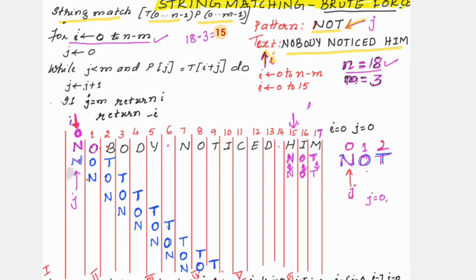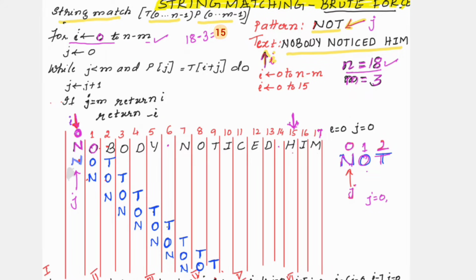That means for i equal to 15, you are checking j equal to 0, j equal to 1, j equal to 2. So up to i equal to 15, the i loop will run. That's why we write i equal to 0 to n minus m. Once it reaches the starting position of the pattern which is getting matched, the i value will be 15 only, and for i equal to 15 you are checking all 3 values of the pattern, j equal to 0, 1, and 2. That is the reason we write 0 to n minus m in the pseudocode.